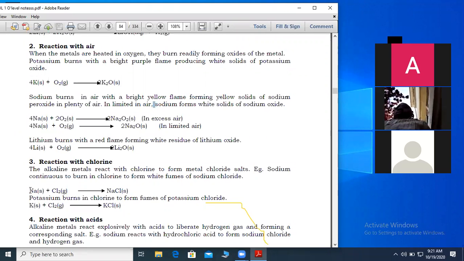Now, this equation lacks something. Who can tell us what is missing on this equation? When I look at it, something is not right. Who can tell us what is lacking there?